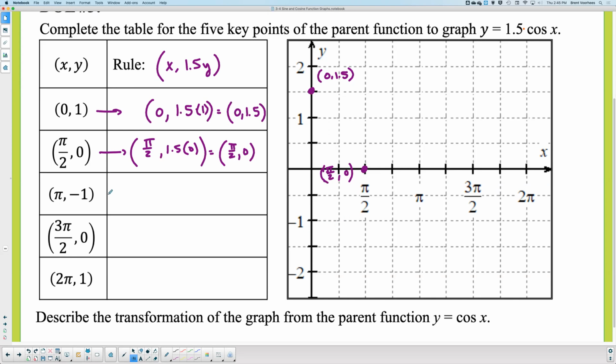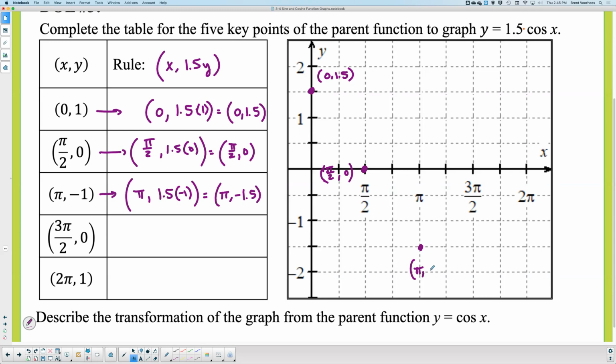Okay. Here we take our pi, nothing happens with it, and we have 1.5 times negative 1. Negative 1.5. That will be our minimum. No, I didn't place that right. Sorry. There it is.